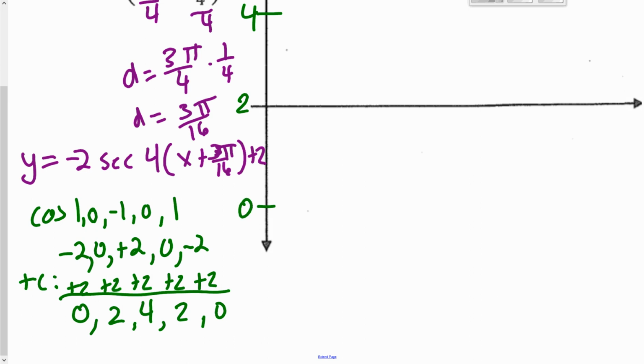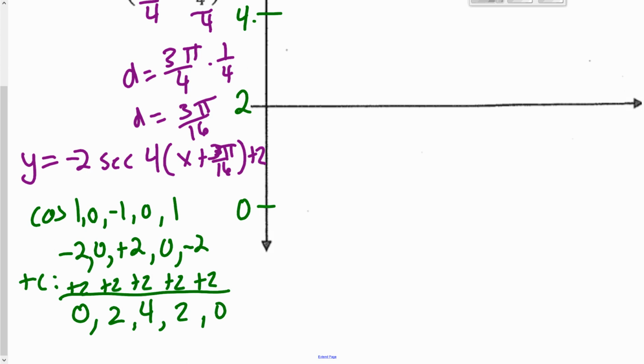Before you added your c, you could have plugged those in as 2, 0, -2. And then you could have added your c in 2, so that this would become 4. This would have become 0 plus 2 is 2, and -2 plus 2 is 0, right? So either way is fine.